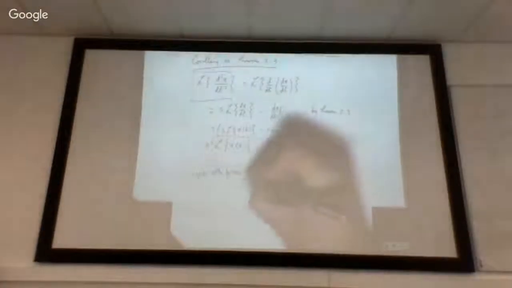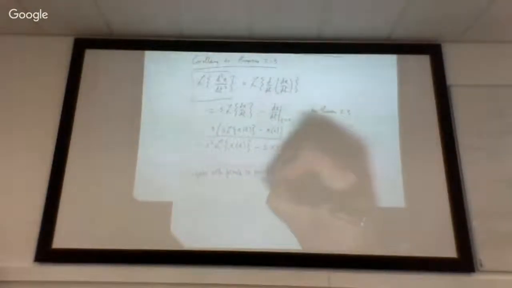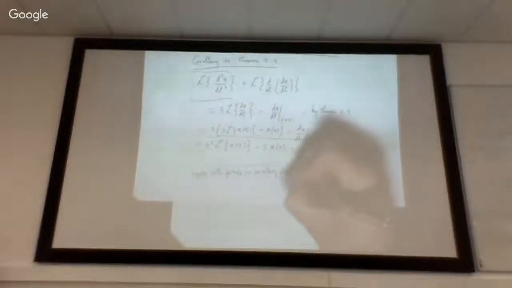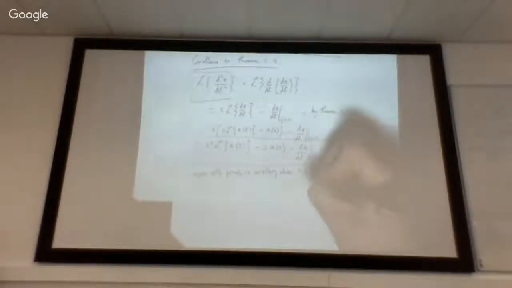So this agrees with the formula in the corollary when n is 2.